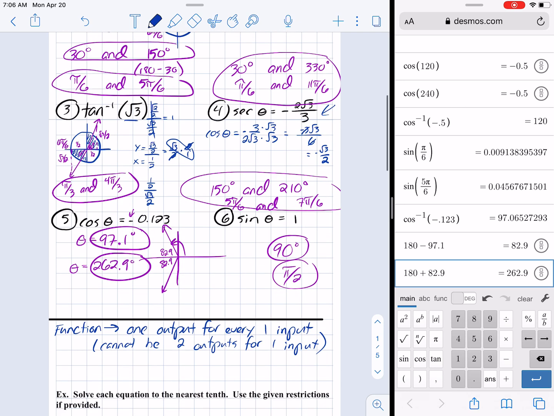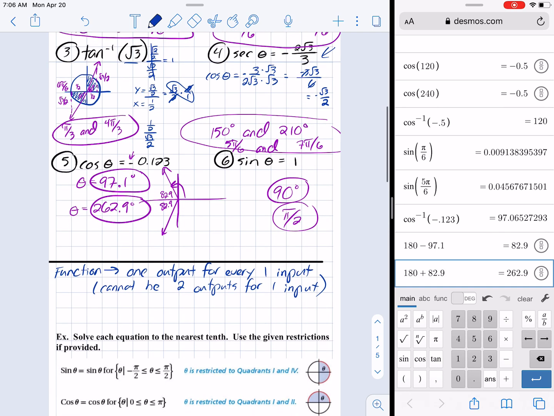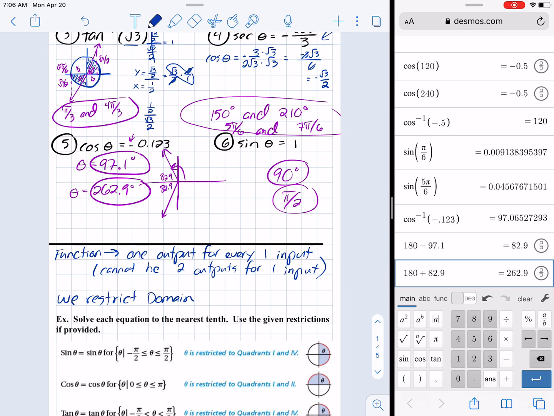Keep getting two different angle measures for both, and because that's the case, we restrict domain, meaning what our inputs can result in for these inverse trig functions, to make the inverse a function.